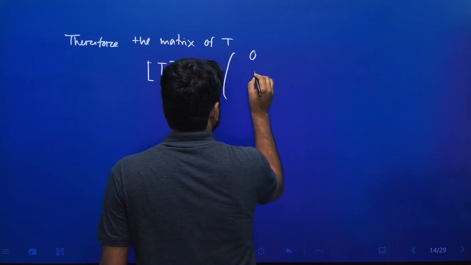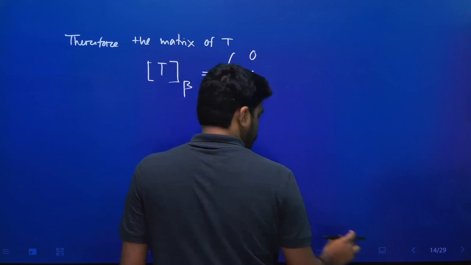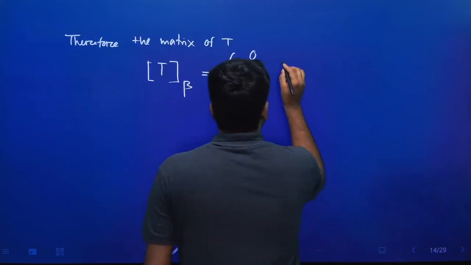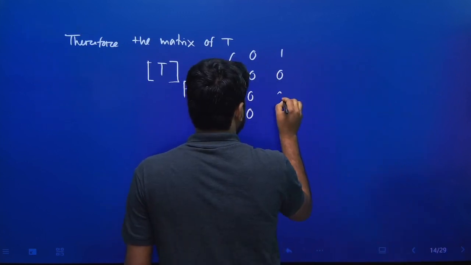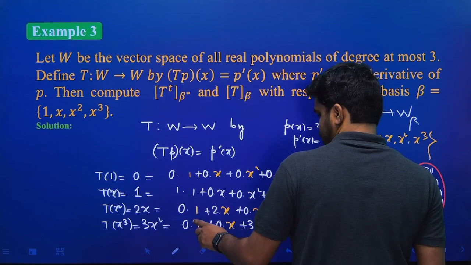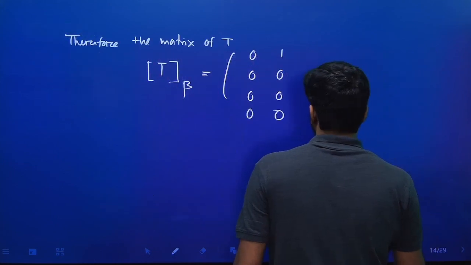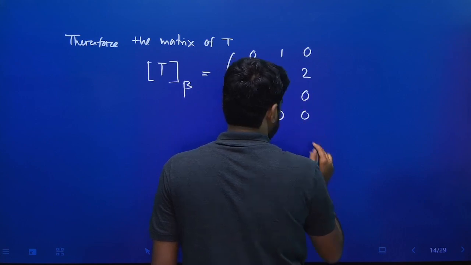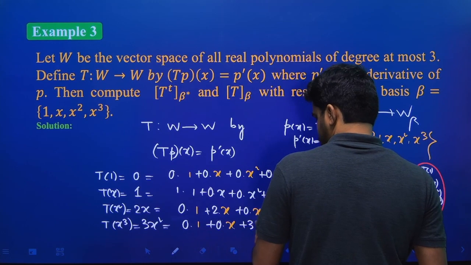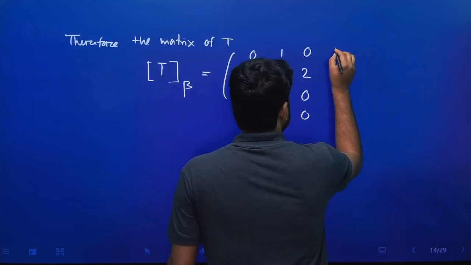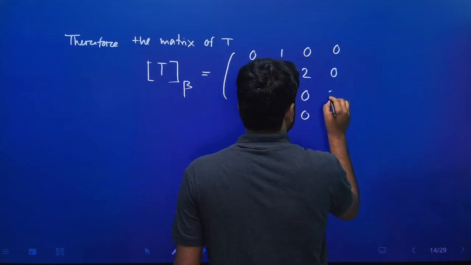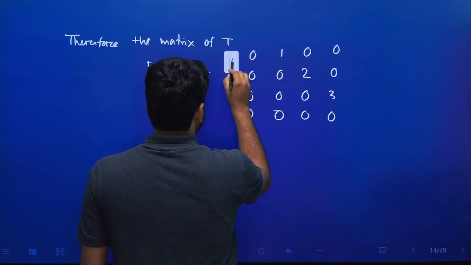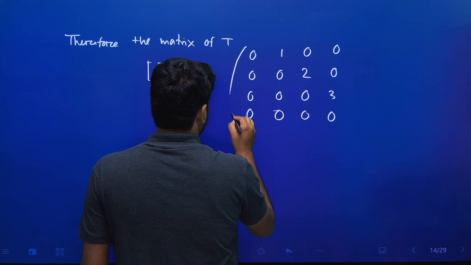The second column is 1 0 0 0. The third column is 0 2 0 0. The fourth column is 0 0 3 0. Okay, so this is the matrix of T.